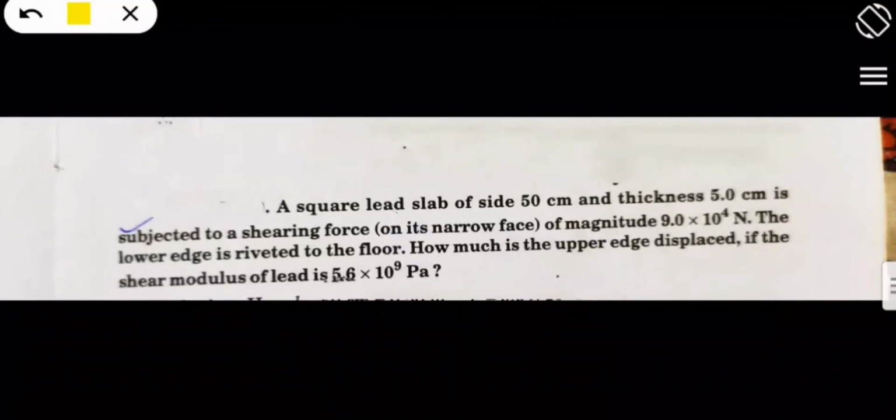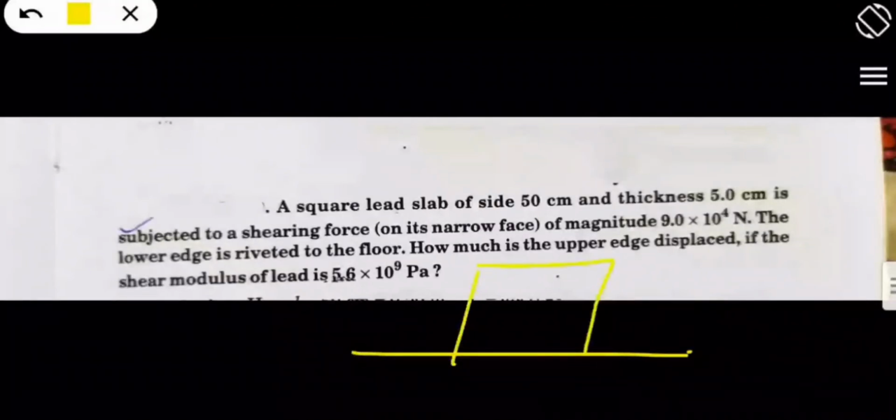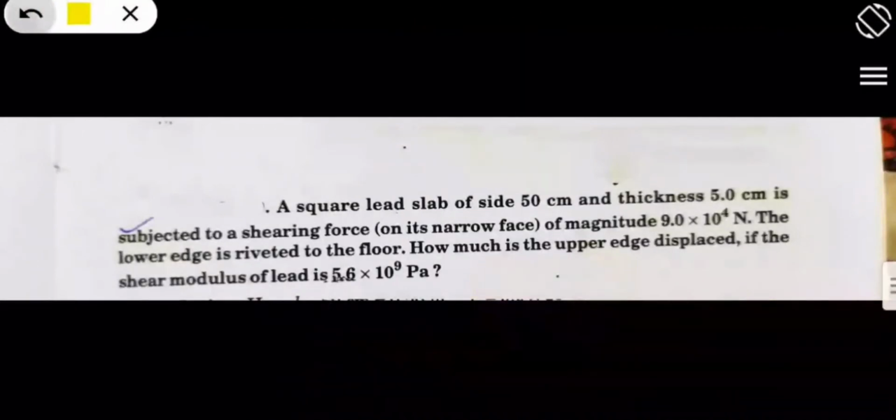The lower edge is riveted to the floor, the lower edge of the square is riveted to the floor. The square is like this, being riveted to the floor. How much is the upper edge displaced? That is asking how much the upper edge is going to be displaced.